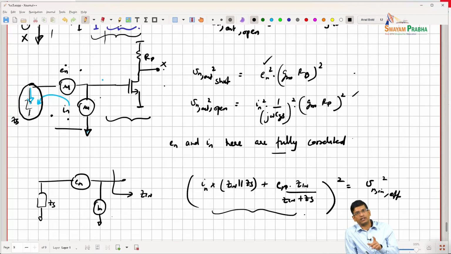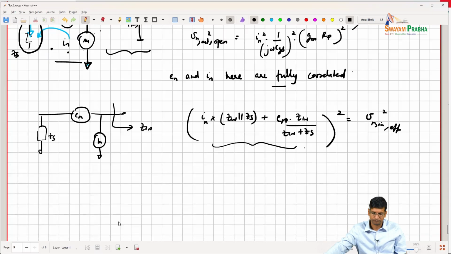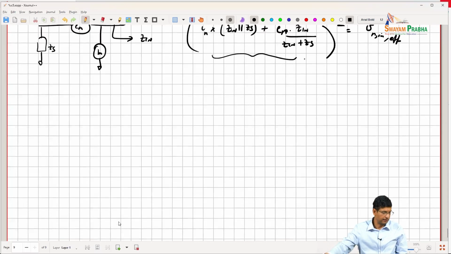So it is not just enough to make the input noise model match what happens in the short and open case. It's also important to track what the correlation between the input noise models are in voltage and current in order to get the right match of the noiseless two-port.